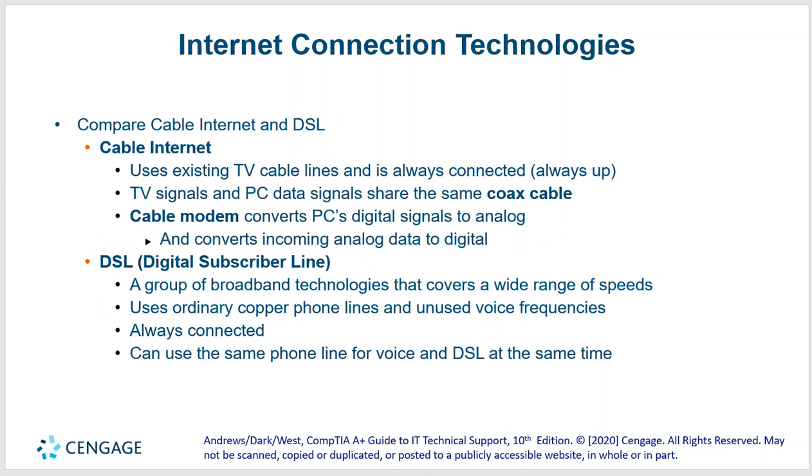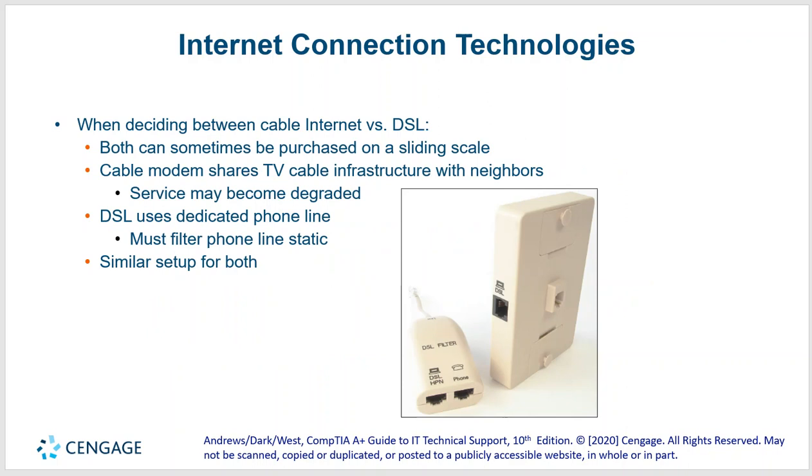Cable internet uses TV cable lines. All right, so a coax cable, like your Foxtel connection, and DSL, digital subscriber line, uses technologies that go through the copper phone lines. All right, when deciding between cable internet versus DSL, both can sometimes be purchased on a sliding scale, so different levels of use.